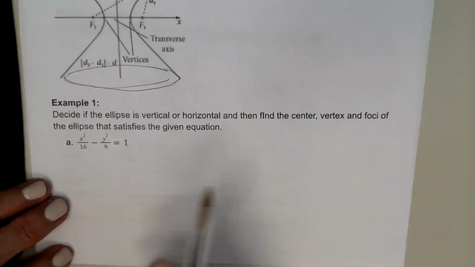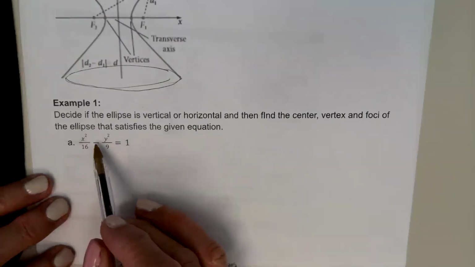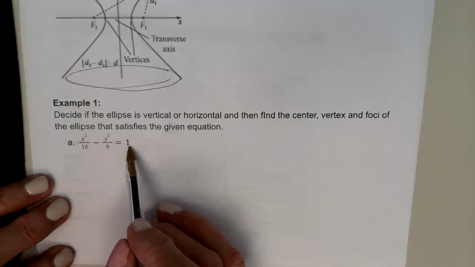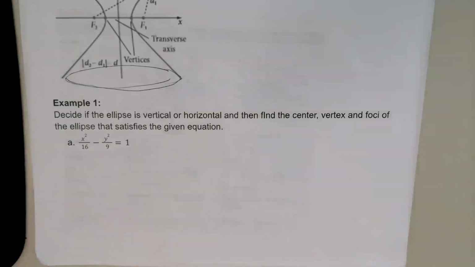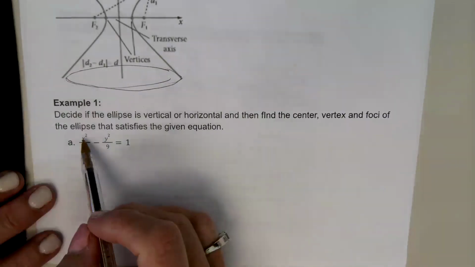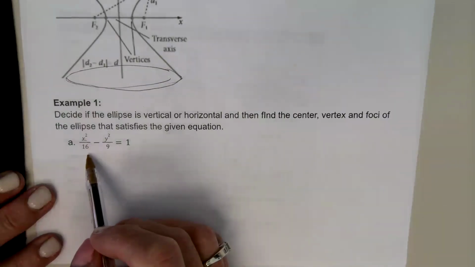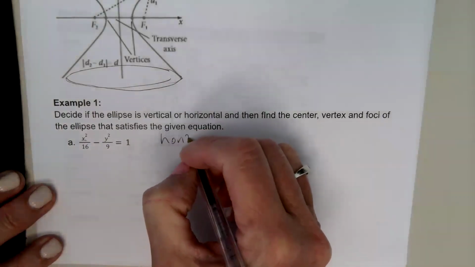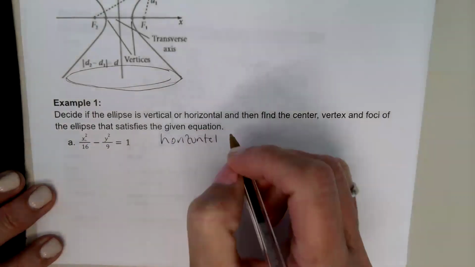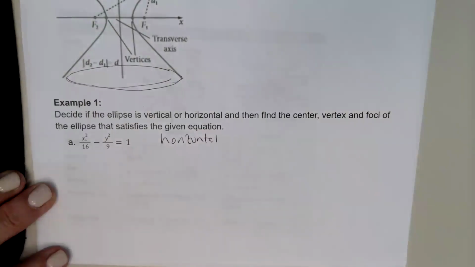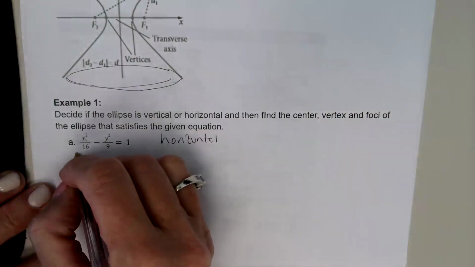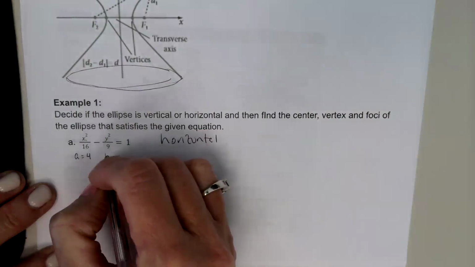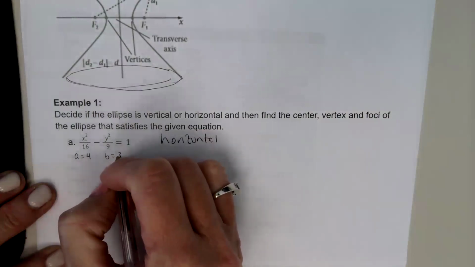So the first example is x squared over 16 minus y squared over 9 equals 1. And so this tells us that the x squared is minus the y squared. And so this is a horizontal hyperbola. And we have A is equal to 4 and B is equal to 3.